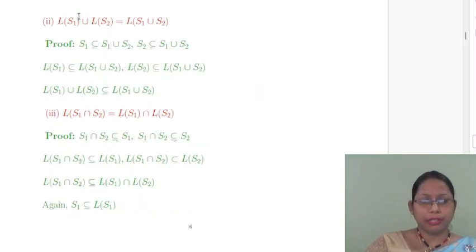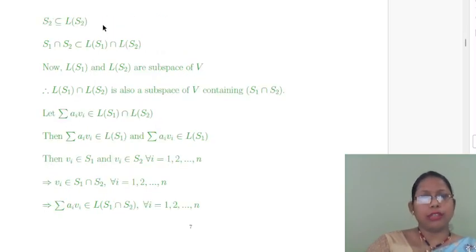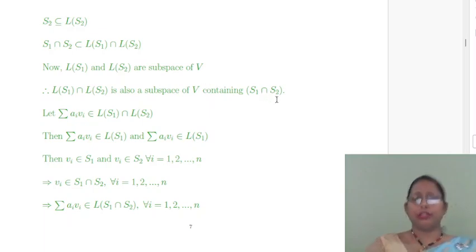I am taking the intersection of these. I am getting S1 intersection S2 is contained in, or equal to, L(S1) intersection L(S2). Since L(S1) and L(S2) are subspaces, their intersection is also a subspace containing S1 and S2.